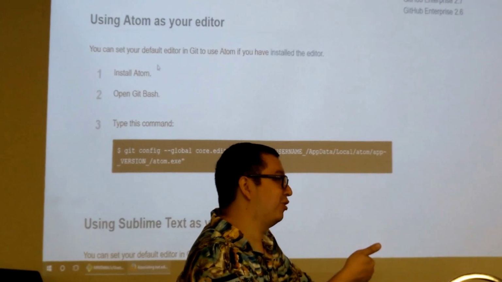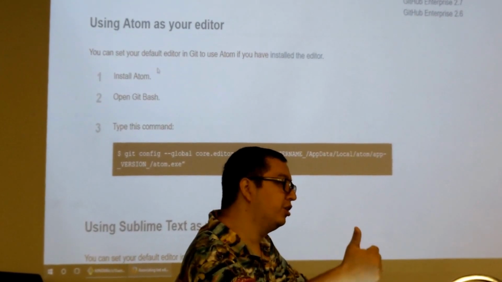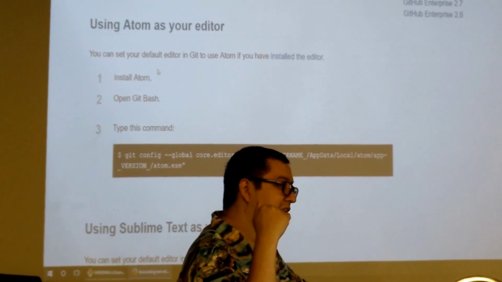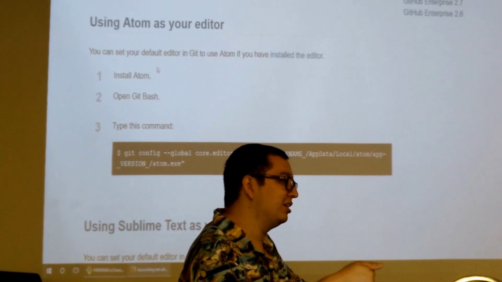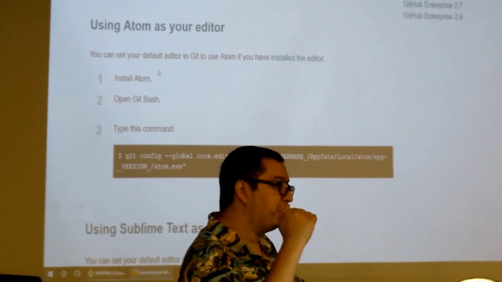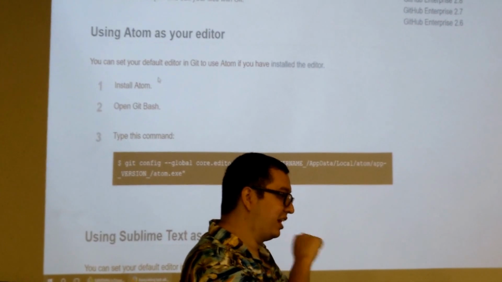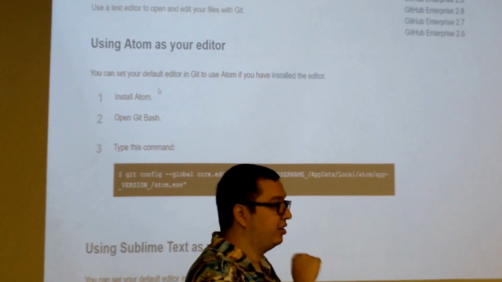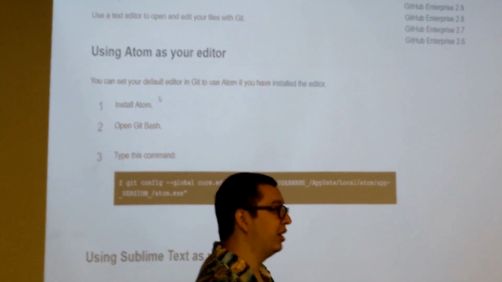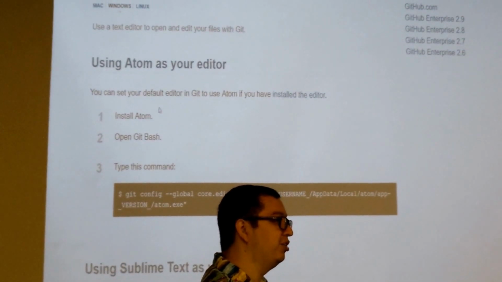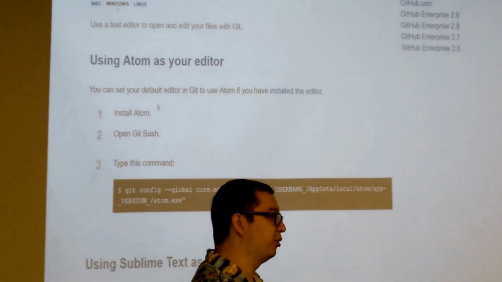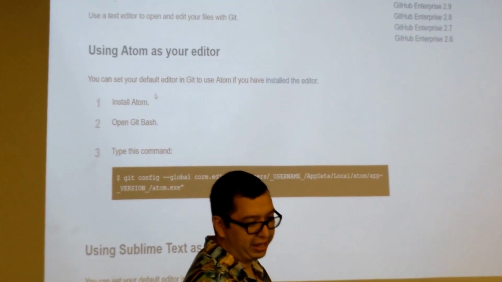You cannot do WebStorm, you cannot do Visual Studio, and you cannot do Visual Studio Code easily. It has to be a very basic text editor that you can set as your Git editor. This way, when you need to edit a commit message, it will kick you into Sublime instead of the terminal, if you prefer that. I don't.